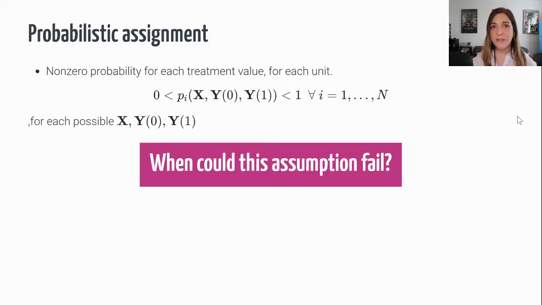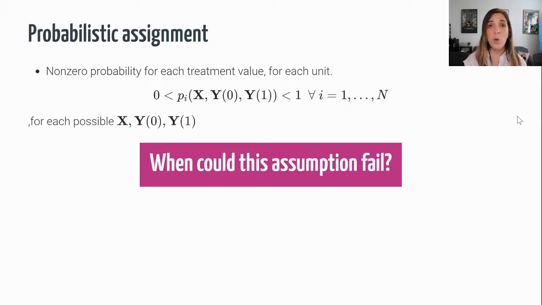When could this assumption fail? Basically when we have a certain group, for instance, that will always be treated. Imagine that you have an intervention that is targeted exclusively or more consistently towards lower income individuals. Then the individual at the very bottom of the income distribution will just always be treated. The other ones might have a probability different from 0 and lower than 1 of being treated, so for those units the probabilistic assignment would hold.